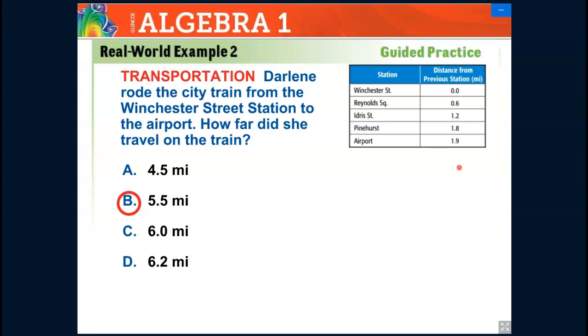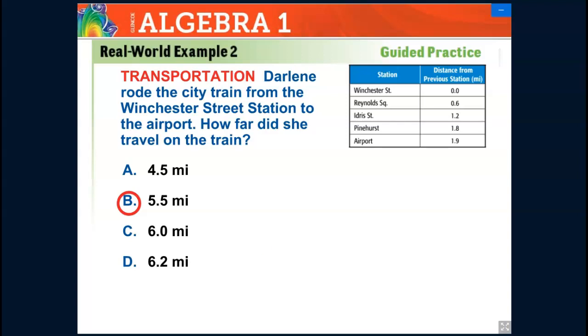I would group the 1.2 and the 1.8. So when we group them, that's called the associative property. I would group them because they'll get me a nice number. You could group these two as well, also associative.